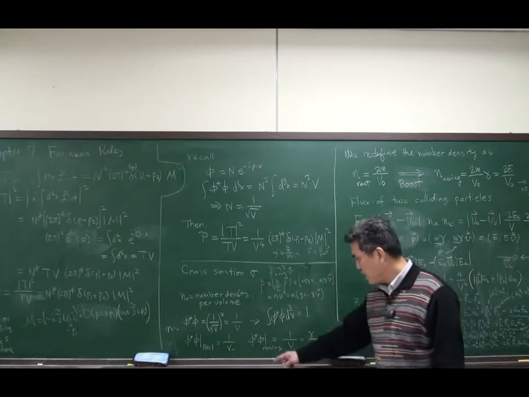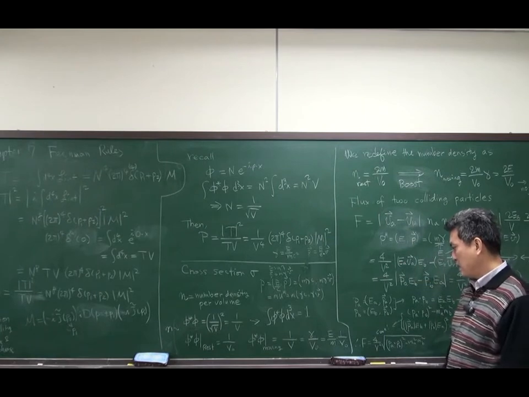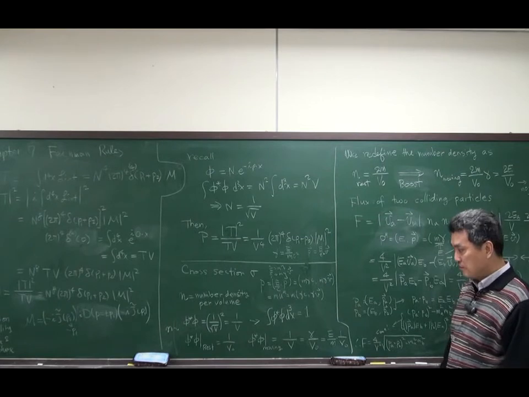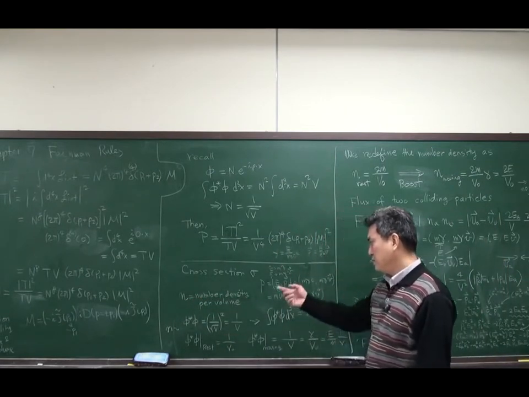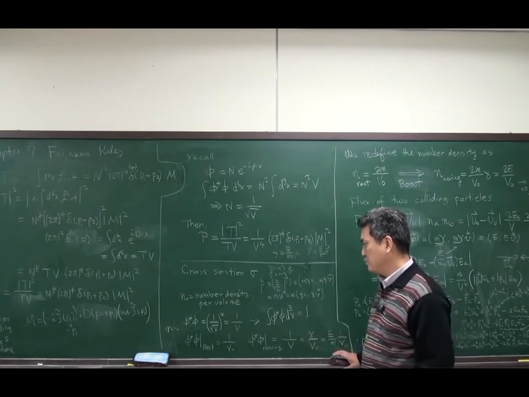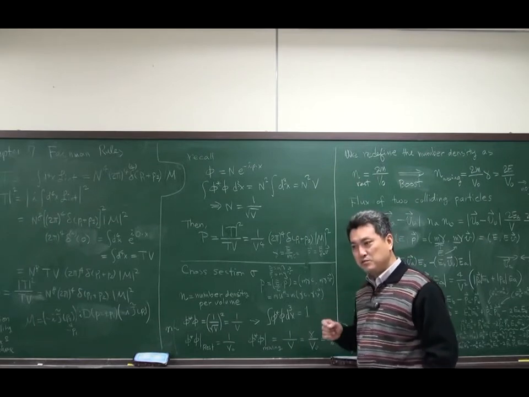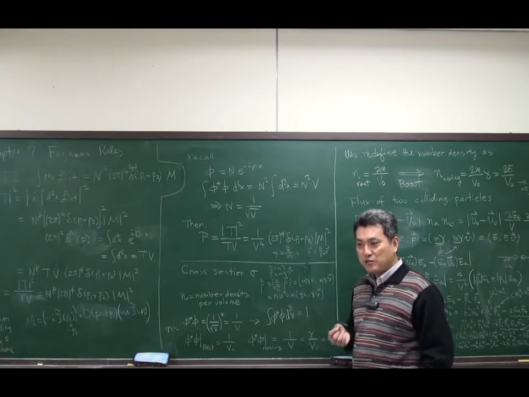It is natural to have a density 1 over V, but now I think it's better to introduce a new number density. So we redefine the number density to be square root 2E over V, because the reason why we use that factor is that in the phase space we have a factor of 2E.